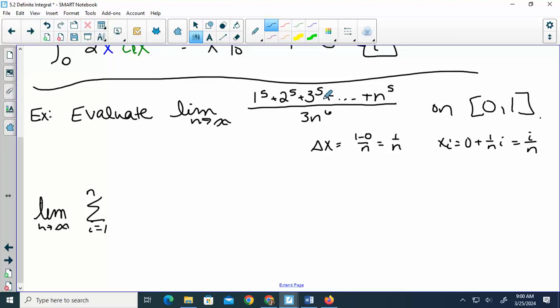All right, so now we figure out what we would do here. If I need to rewrite this, the 3 on the bottom, could I just pull that out and make it a 1/3 in front? And then you have 1 to the 5th, plus 2 to the 5th, plus 3 to the 5th.